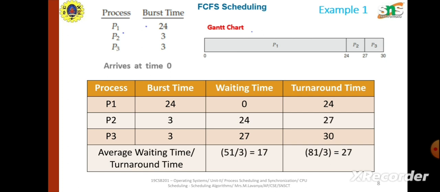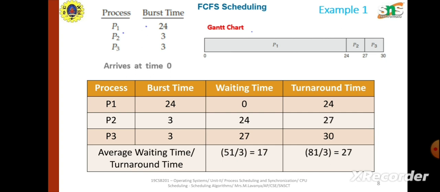The waiting time formula used here is waiting time equals starting time minus arrival time. As said before, the arrival time of all three processes is 0. For process P1, the starting time is 0 minus the arrival time of P1, which is 0.